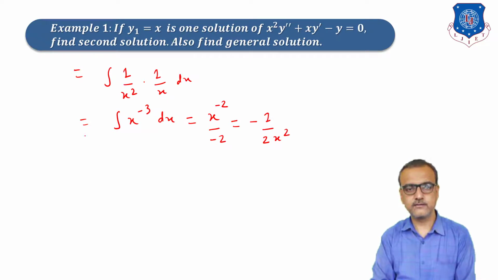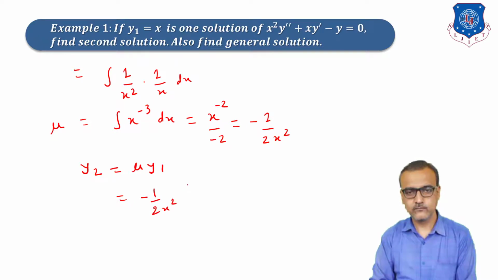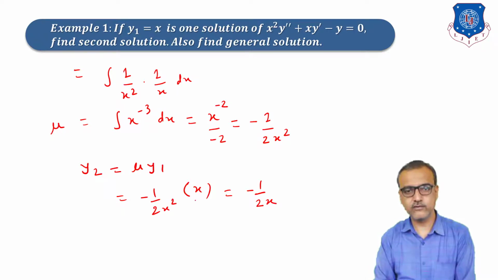This is u, and we are interested in the second solution y2, which is u y1. So u is minus 1 over 2x square and y1 is x. One x will cancel out, so we have minus 1 over 2x. This is the second solution y2.